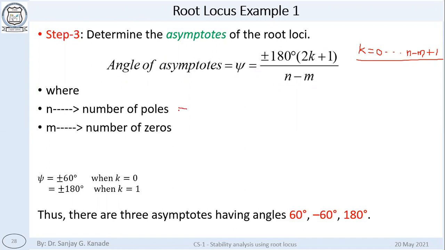In here we have 3 poles and 0 zeros, so n minus m is 3, and n minus m plus 1 is 2. You can take k as 0, 1, 2, but you will see that you start to get repetitions after that.